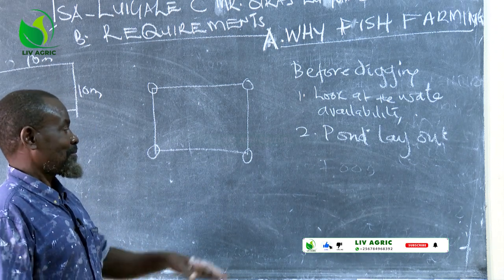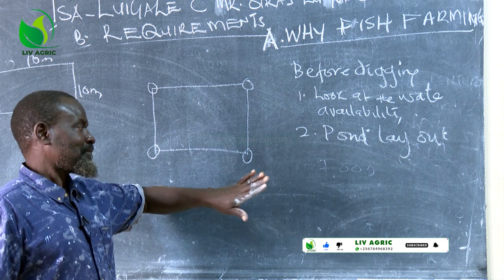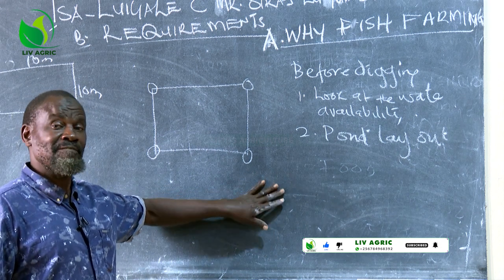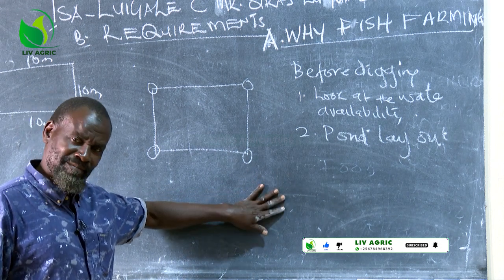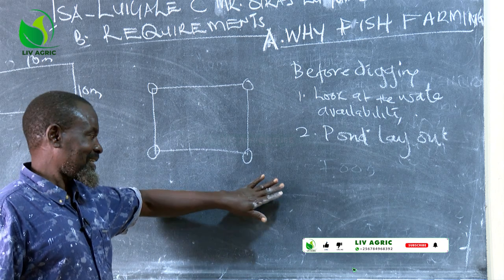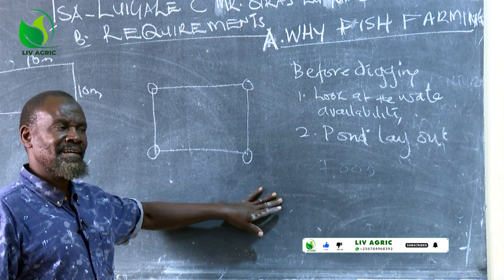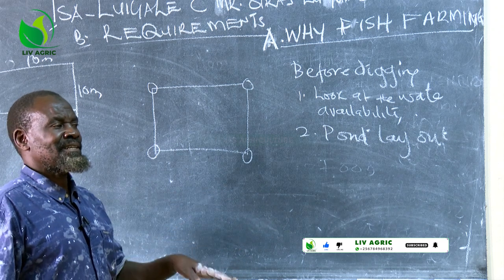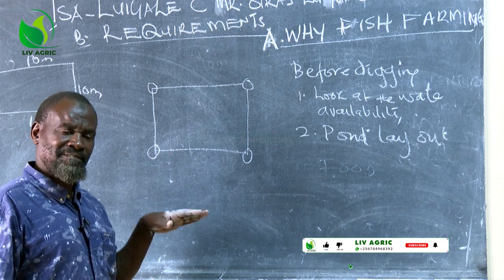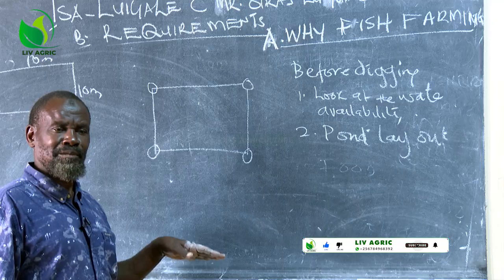Okay? So all these things, you decide on them after you have visited the area. Having visited the area and having got the history of that area, then you can decide on the longevity of the rearing period.